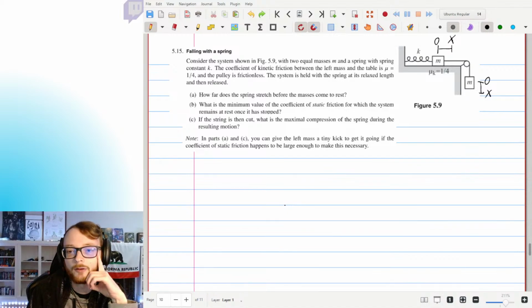I'm getting confused on how this is being rotated. If I'm saying zero is right here, what's zero potential energy for this mass? I guess it would be mgx. We would consider it to have a height x, and it'll eventually go down to zero wherever it comes to rest.